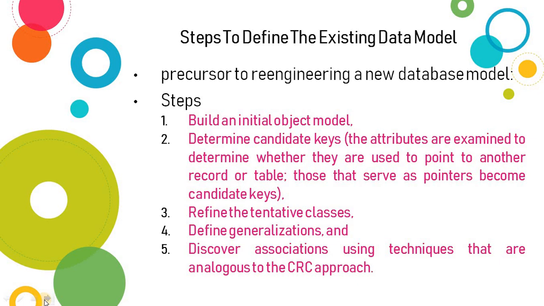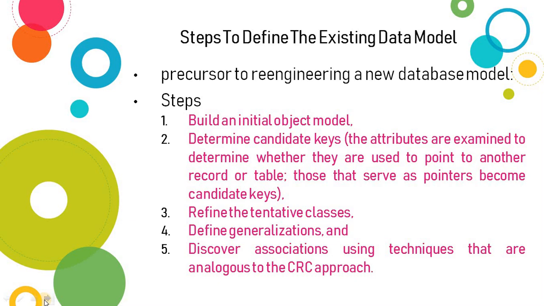Fourth step is to define some generalizations. From the identified tentative classes, we are formulating some generalizations. Then the next step is to discover associations from these generalizations. In this step, we are using the CRC approach, class relation collaborations card, the CRC card. CRC card concepts are used here to understand the generalization of the classes identified.